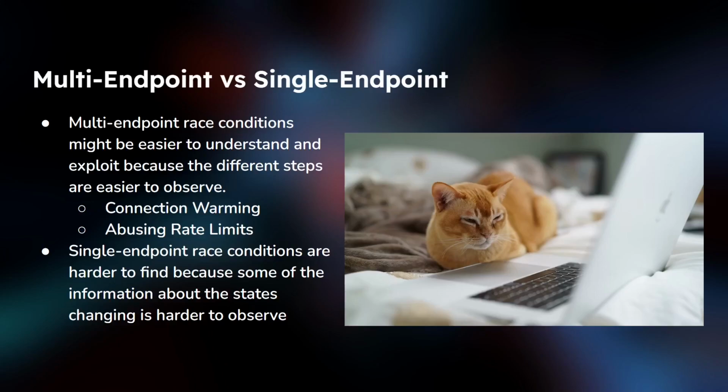But you might have to deal with a few different quirks, like connection warming, where maybe you'll send a GET request to the home page. It might reduce jitter a little bit, or make it easier to send those other requests. It might be able to normalize delays you might get in processing times.